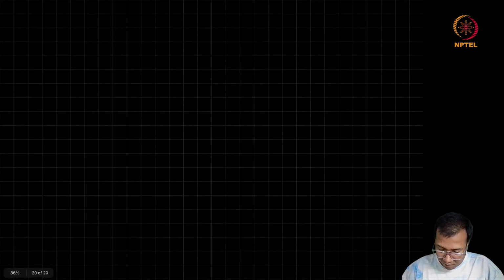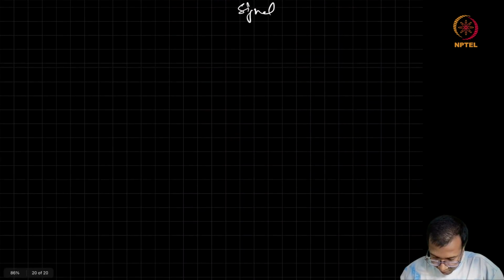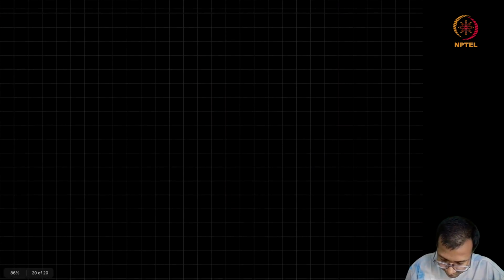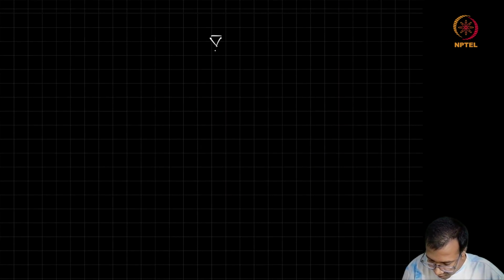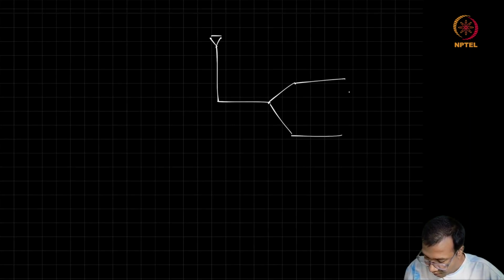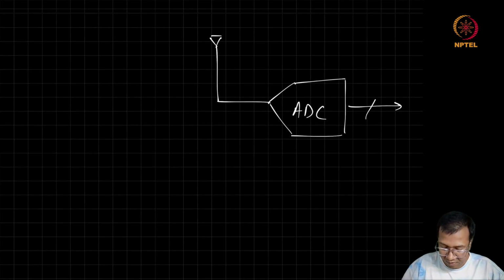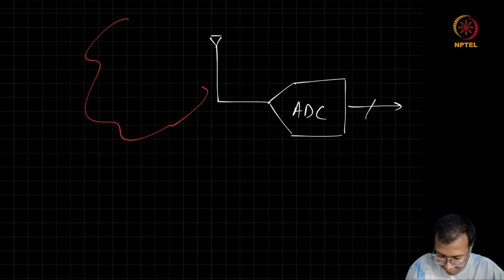So when we talk about receiver design, we need to remember that the signal it is receiving from the wireless channel can contain signals from various transmitters, because it's a shared channel.